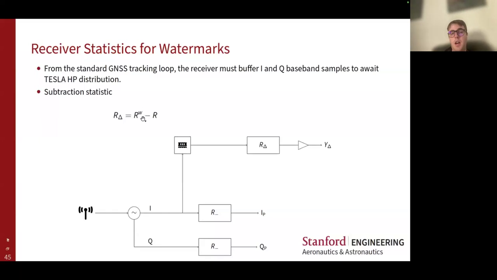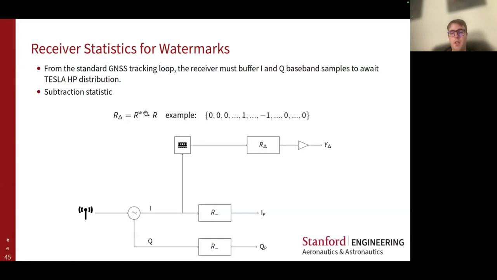Once it's revealed, the statistic that the paper suggests, which I call R delta in this slide, and you'll see why, is just a subtraction. R stands for replica. This could be the P(Y) code, it could be the C/A code. But R_W is the watermarked replica. So we'll have the subtraction, which is what this gain, or this linear filter, is.